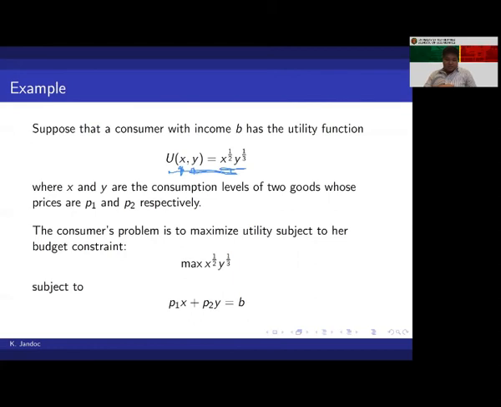And those two goods X and Y have prices P1 and P2, which are given, respectively.